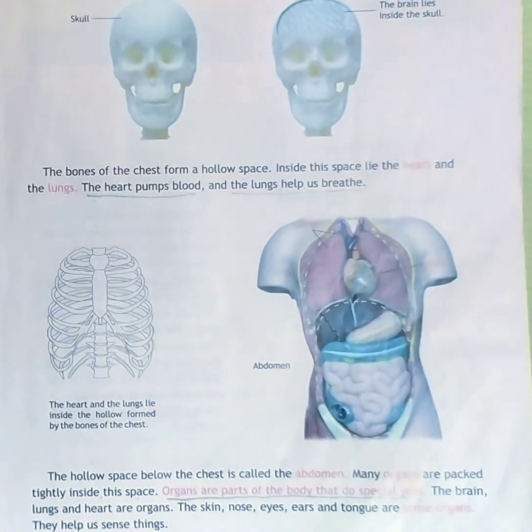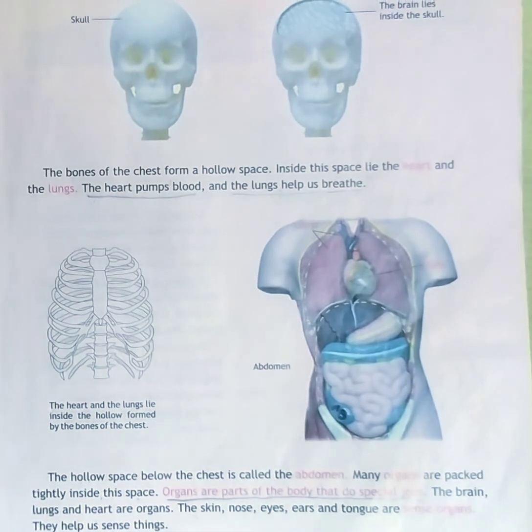And there are many organs. What are organs? Organs are parts of the body that do special jobs. For example, the brain helps us to think and feel, the heart helps to pump blood to all parts of the body, and the lungs help us to breathe.